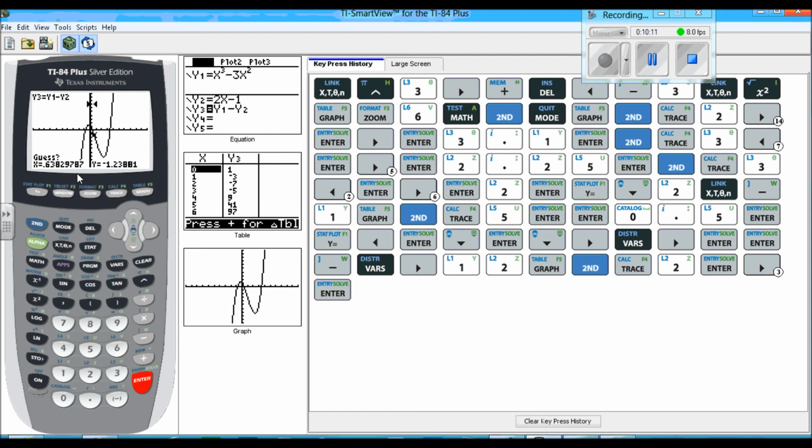Well, I saw what it was before, so I remember it was something like that. Okay, and now the answer is this, which is exactly what it was before. Great. Okay, so that's how you find intersections.